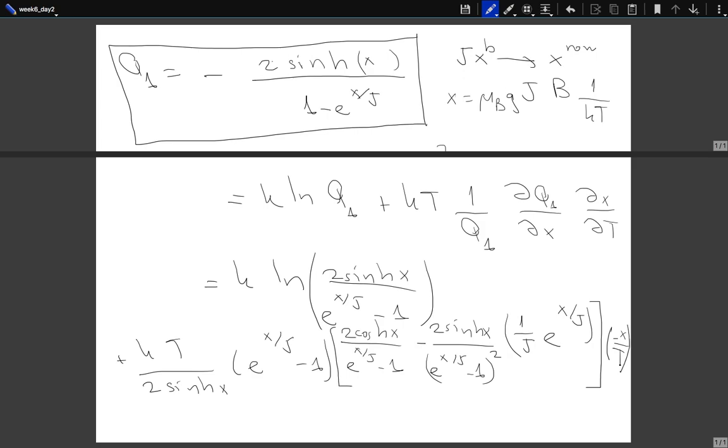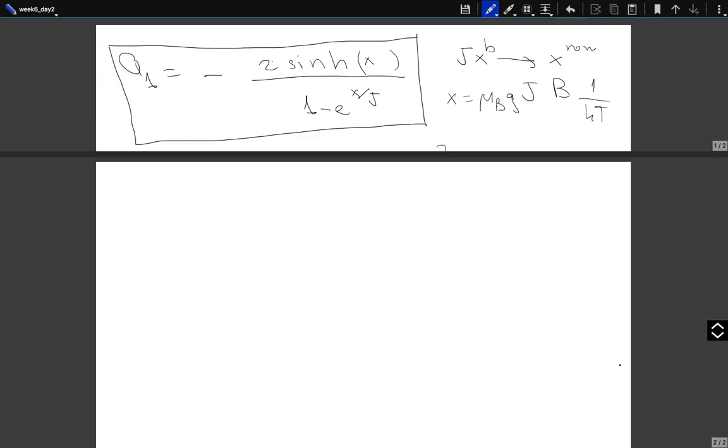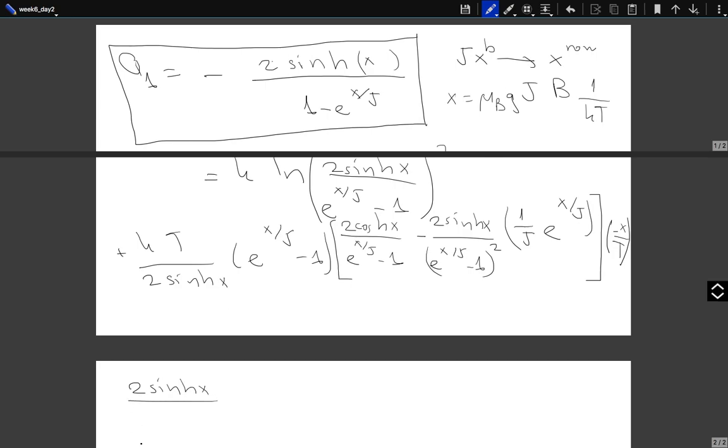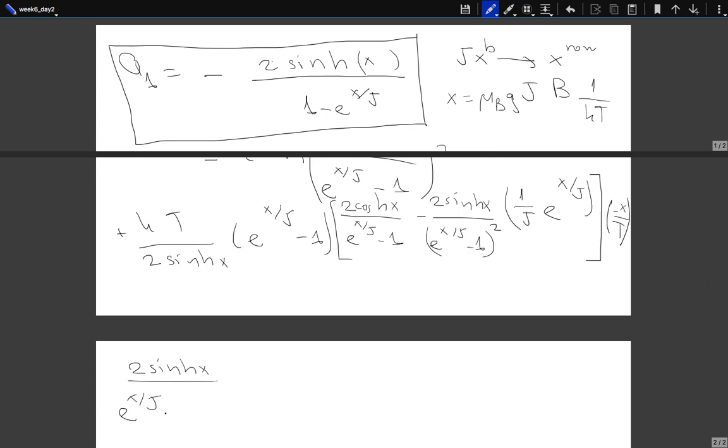Let us try to convert everything in terms of x. Maybe we might be able to simplify it a bit. Let me try to write it in a slightly different form. You see, twice sinh x divided by e to the power x over j minus 1 was just e to the power x minus e to the power minus x, divided by e to the power x over j minus 1.